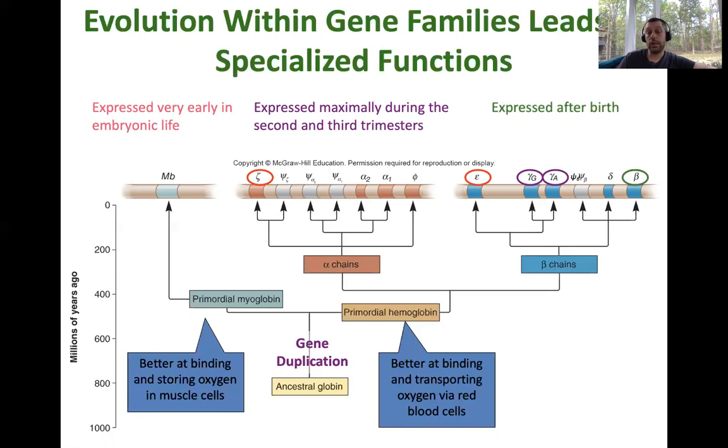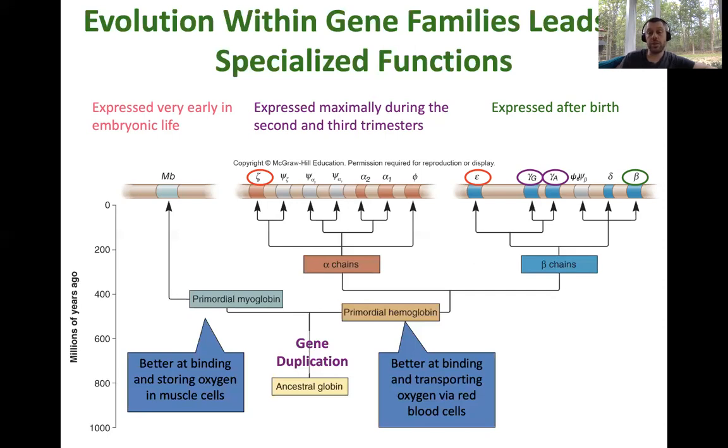After you are born and you become what a developmental person might call a fully formed organism, the original versions of this gene are shut down, and this green one, beta globin, is expressed because it's best for your survival as a functioning organism outside the womb.